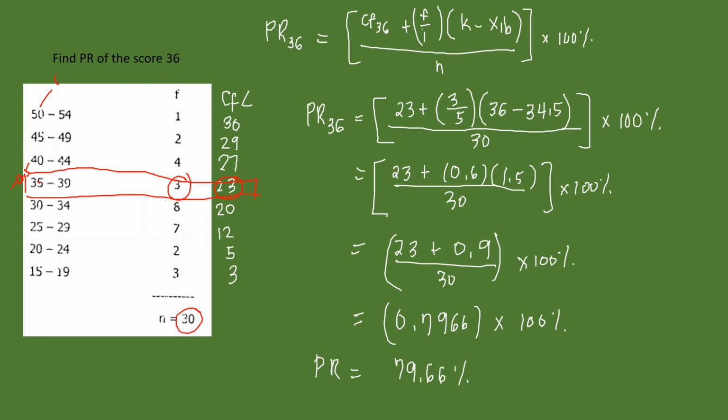This means that the percentile rank of a score of 36 is 79.66%. So again, this would tell you that the number of cases falling below you is 79.66%. So you outrank 79.66 percent of the group. I hope you understood how to solve for the percentile rank of a certain score in a distribution.